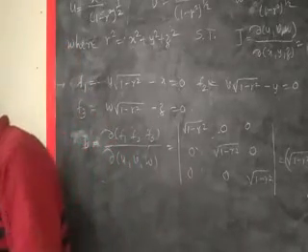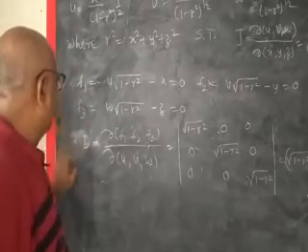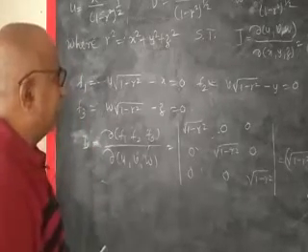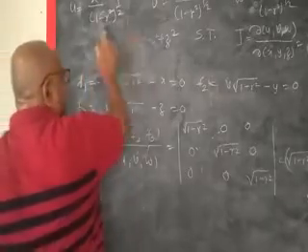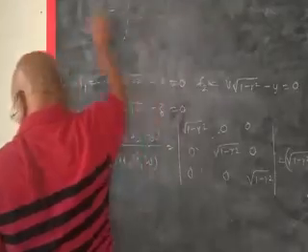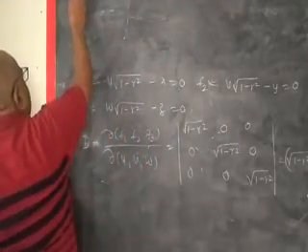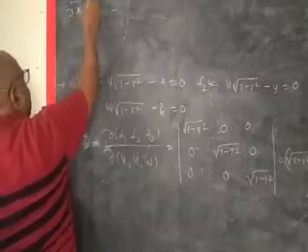Now we'll go to the Jacobian of numerator. What will we need for the numerator? What is dou f1 by dou x equal to?